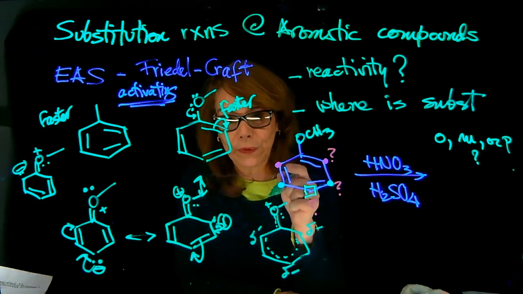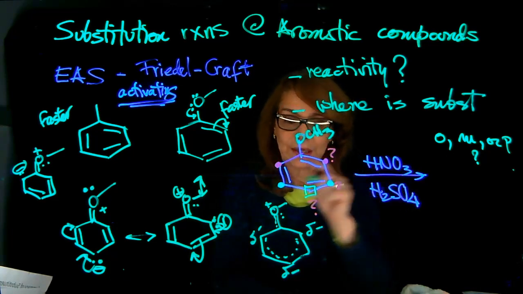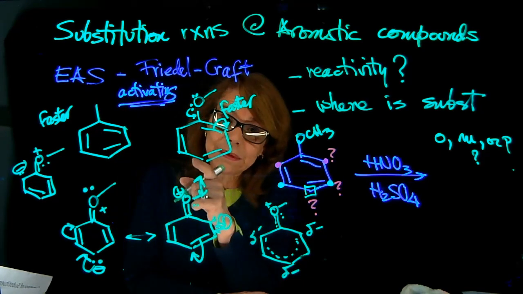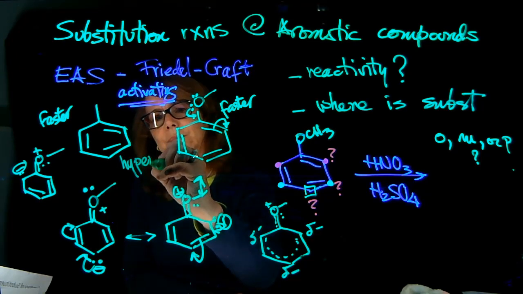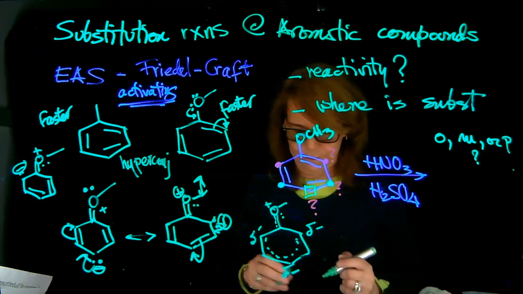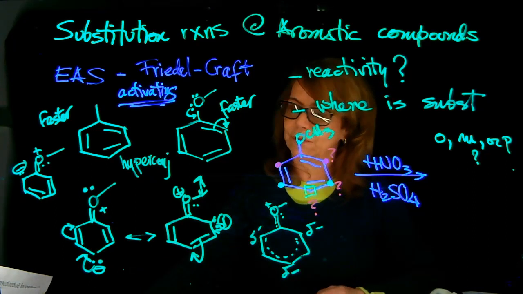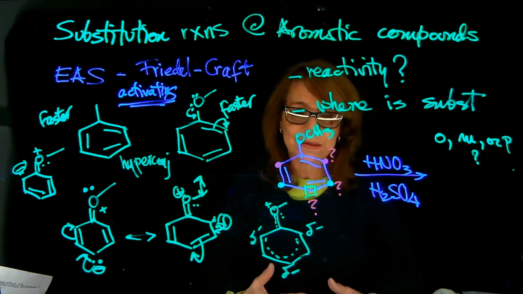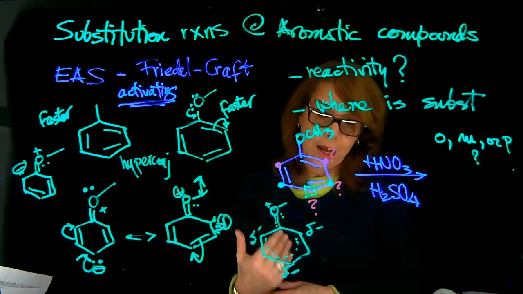Then the nucleophilic attack will be from any of those places, ortho or para, to the electrophile. The methyl group, as an activating group, does the same thing, but not by resonance, but by hyperconjugation, which is some overlap. It's not as powerful as the resonance effect, but nonetheless it is activating.